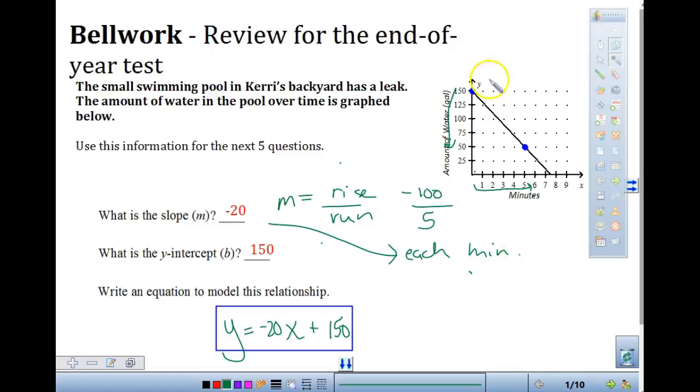Is it going up with a negative slope? Brett, what do we know? It's losing 20, in this case, gallons. So losing 20 gallons, right? Each minute. Okay?